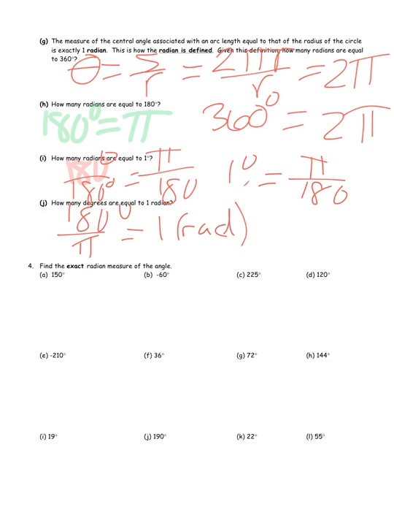So for example, if we go down here, I have 36 degrees, and if I want to get it in terms of radians, I can do 36 degrees times pi over 180, and simplify that to get pi over 5. And so we can convert between the two.